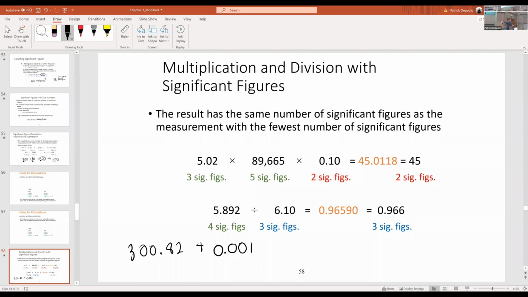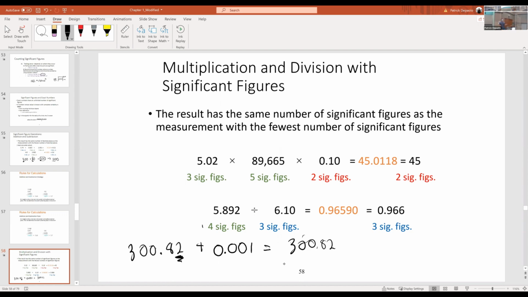But since we're adding, we're using the rule of the least sensitive number, which in this case is 2 decimal places. So our answer would be 300.82. That's it, because the 0.001 is insignificant.